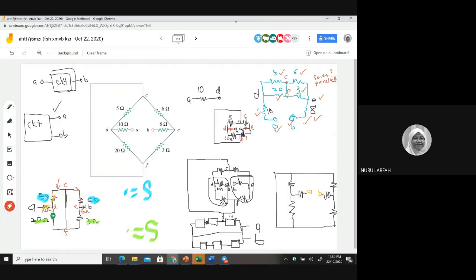But for the left side, bottom here, this is connected. If you say that this one and this one is in series, but you have something in the middle. So do you think this is in series? If you say that this part and this part is in series, but you have in the middle connection here. So they are not in series.